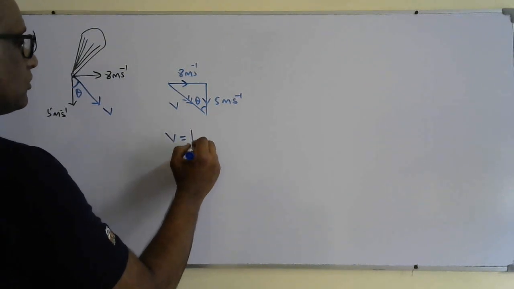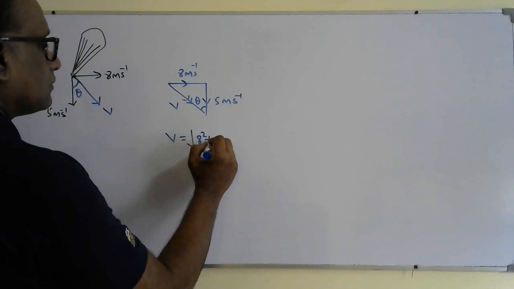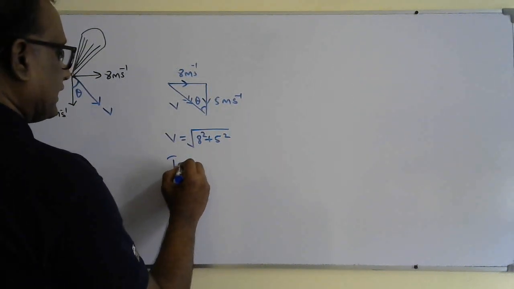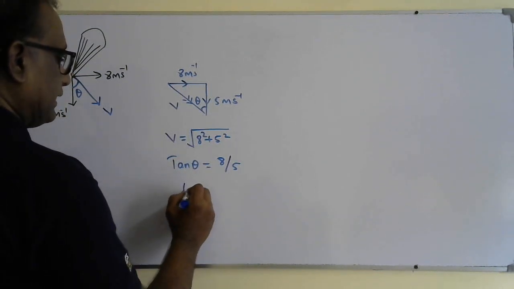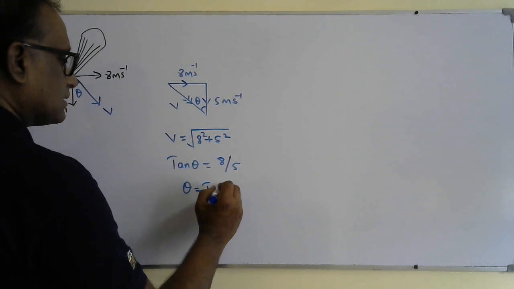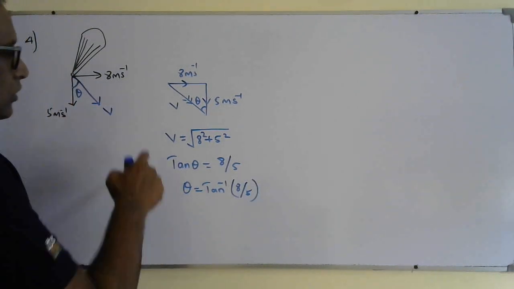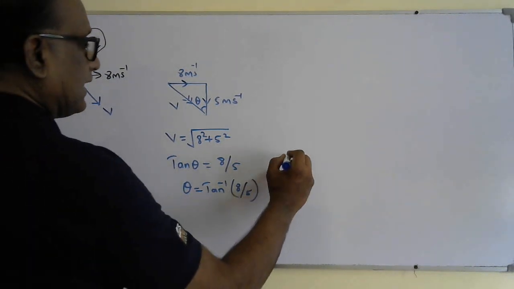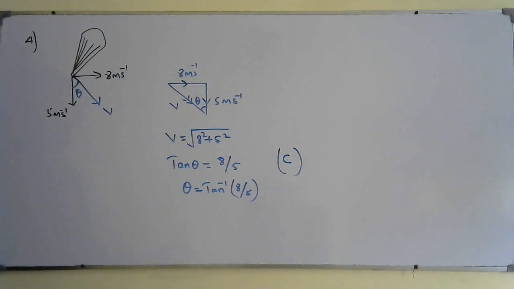Pythagoras theorem, square root of 8 squared plus 5 squared. And for the angle theta, tan theta equals opposite over adjacent, so theta will be equal to tan inverse 8 over 5. So velocity, angle. The correct answer is C. Correct answer for question number 4 is C.